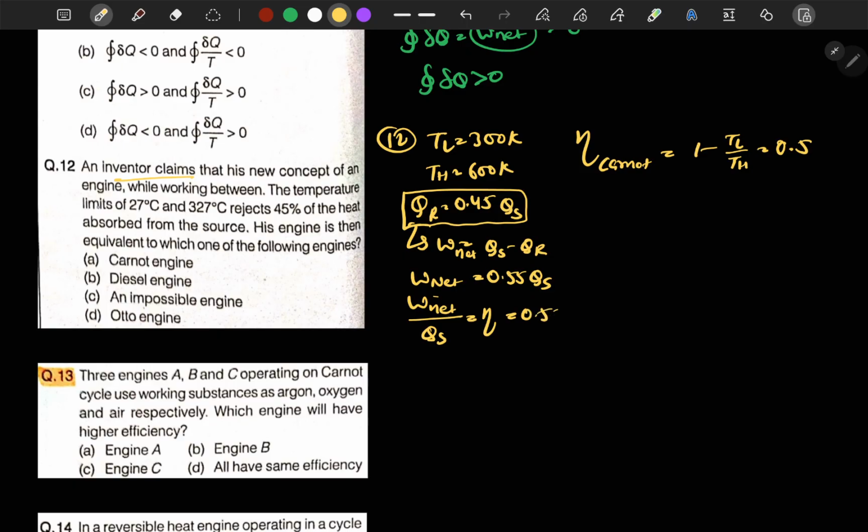So we can see that this efficiency we have calculated is greater than the Carnot efficiency. It means that the cycle the inventor claims is not possible. It is impossible.